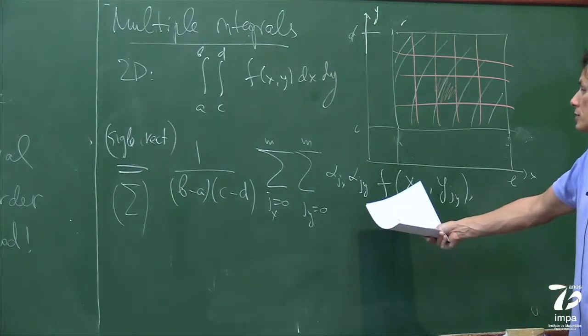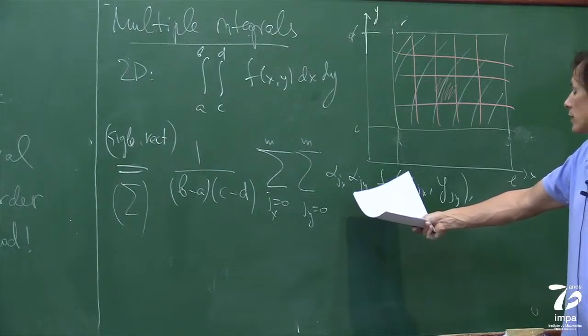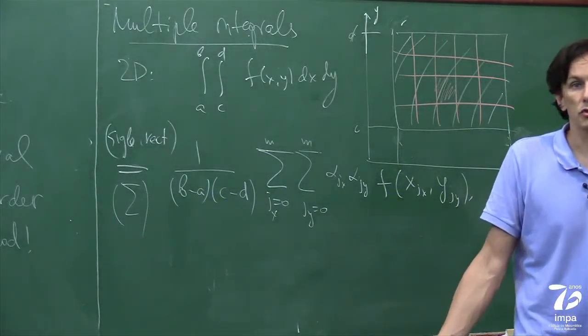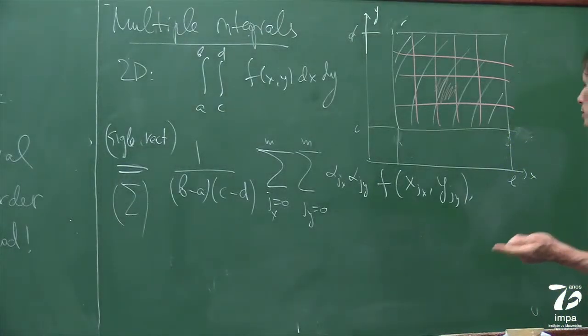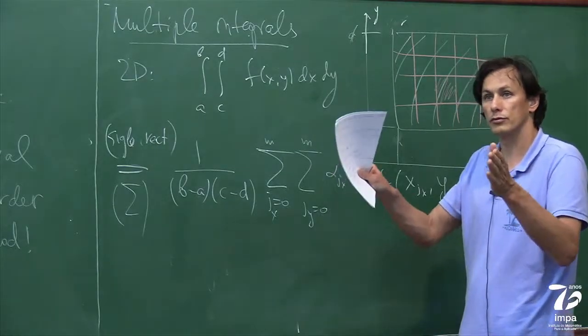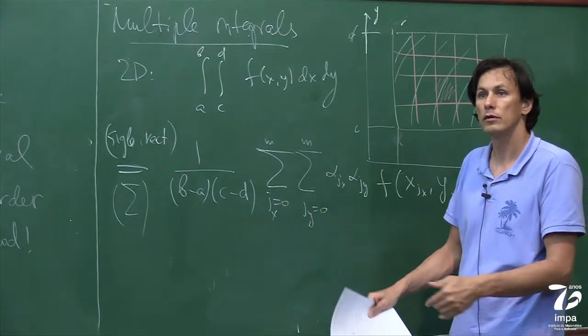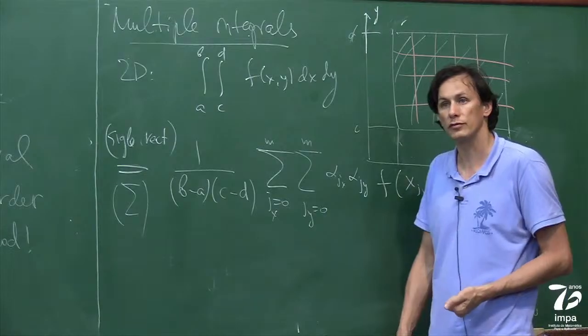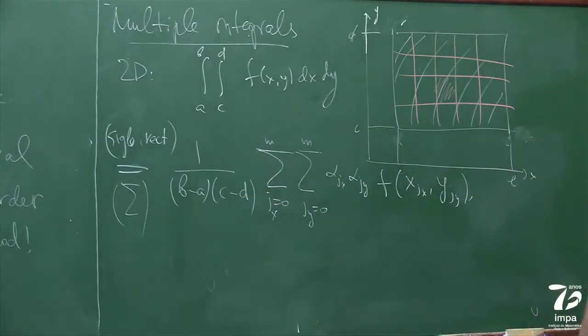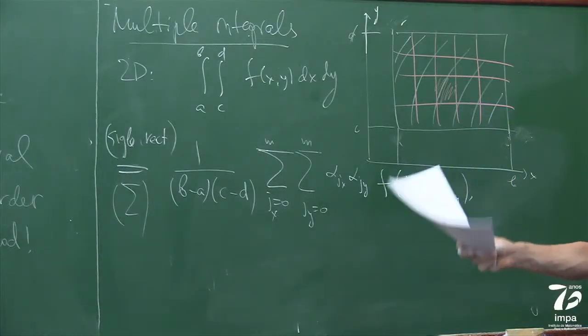You see, coefficients are different if the intervals are different. But usually, what in numerics you do, you first change coordinates so that you go to the standard interval, and then you use the standard coefficients that you know from that interval. The formulas I gave you were for the interval from -1 to 1.